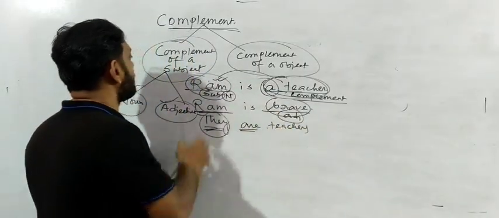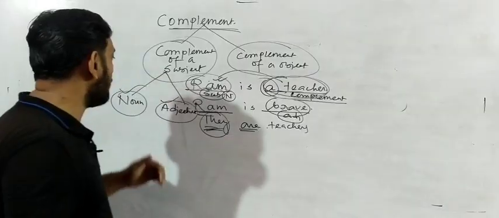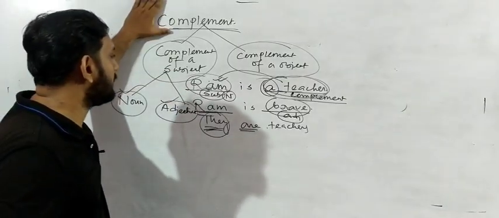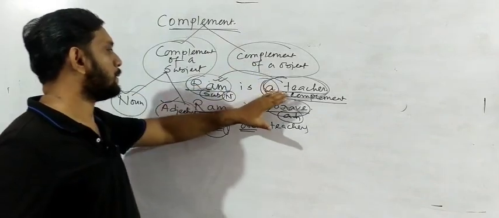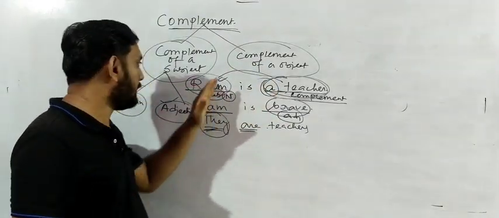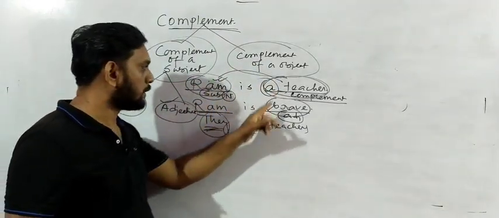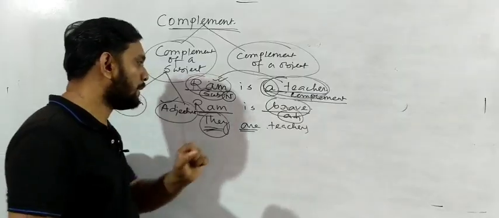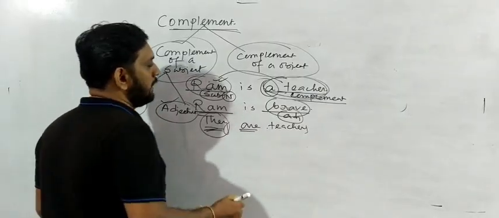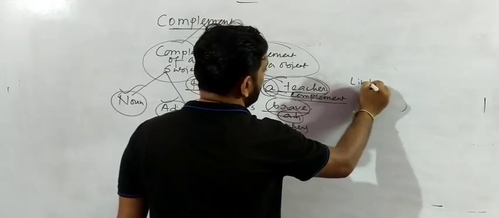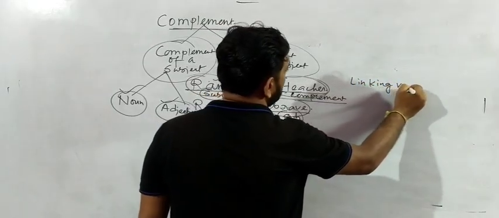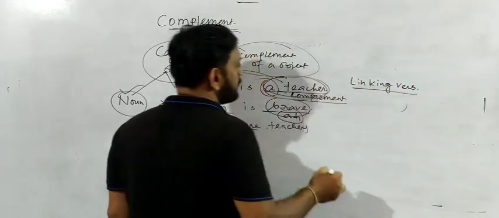So we understood the subject complement. Always remember, a complement always talks about the subject. If it is a subject complement, yes, very good. And one point you should always remember: a complement should come after a linking verb. And what is a linking verb?